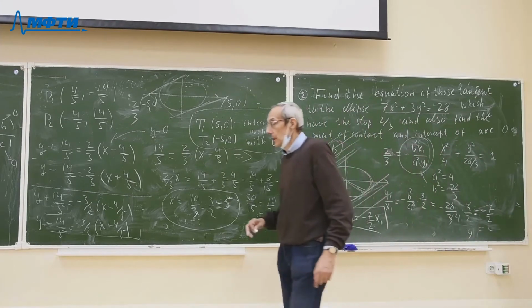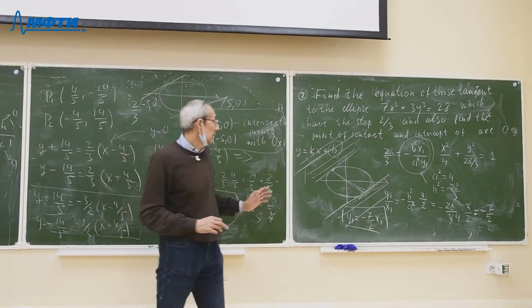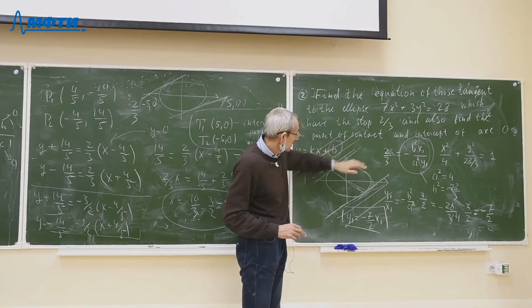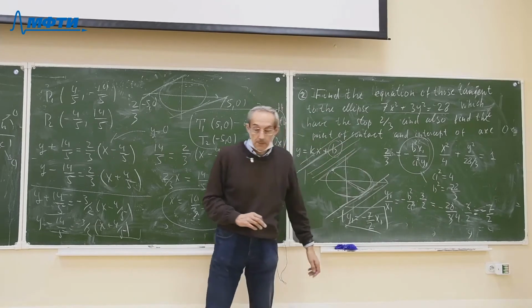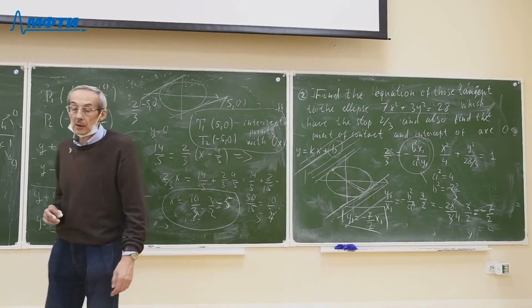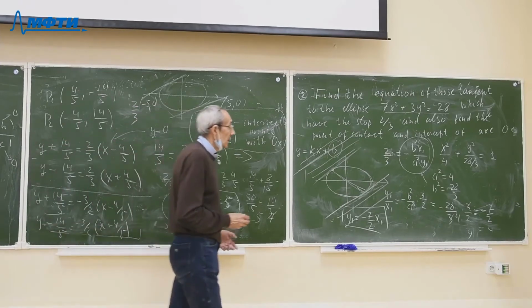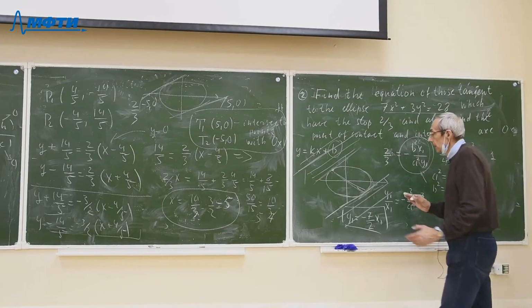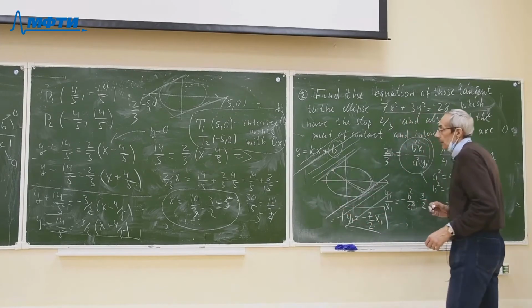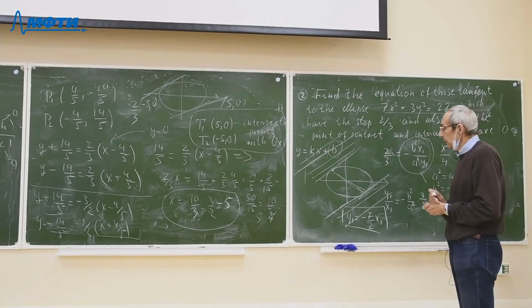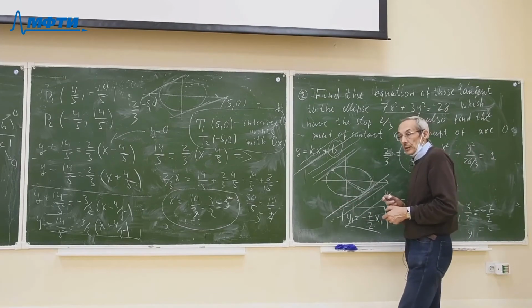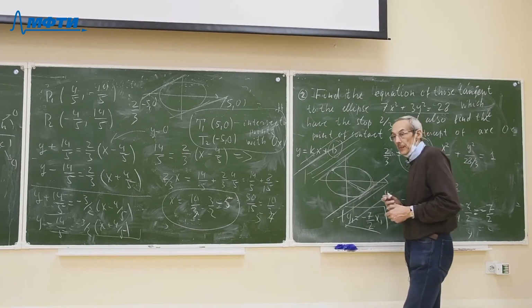If we change the slope, for every value of the slope we can find only two positions of the straight line from this family in which it becomes tangent to our ellipse.